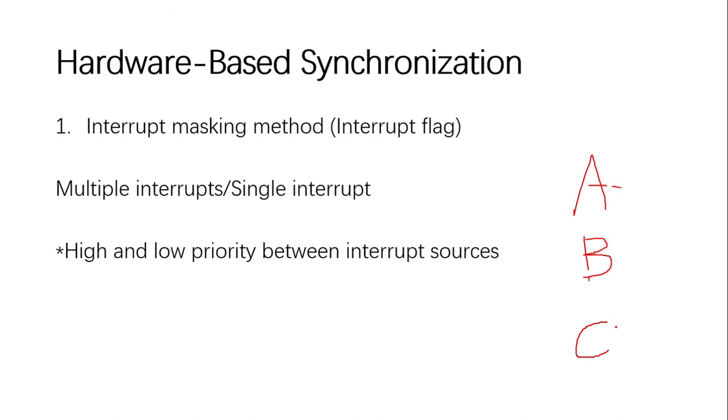After level B is completed, it will run level C. And if, while level B or level C is running, level A comes in, the CPU will stop level B or C immediately and run level A. This is what high and low priority means.